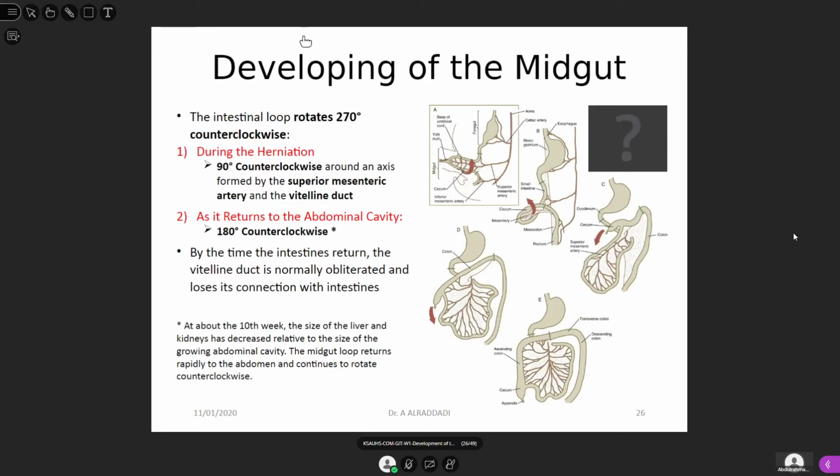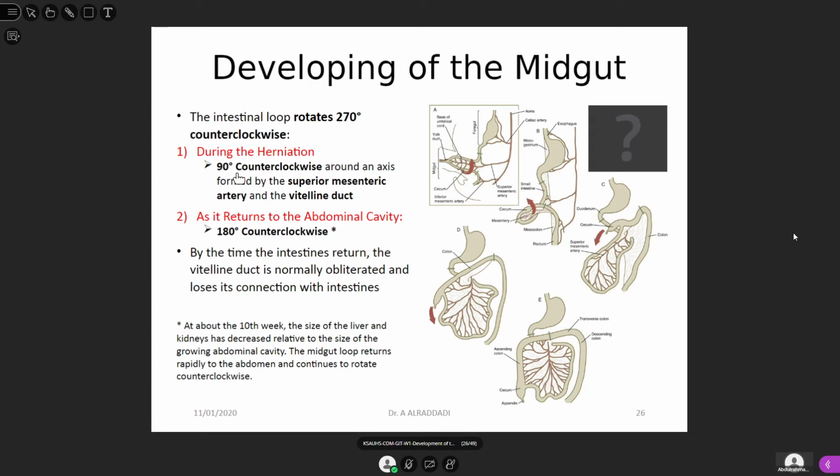So the intestinal loop will rotate during the herniation. It will rotate 270 degrees counterclockwise. We can divide this rotation into two parts, herniation and return.